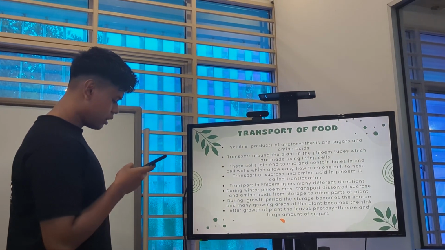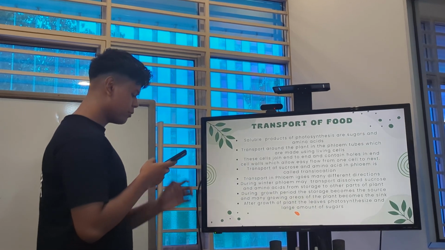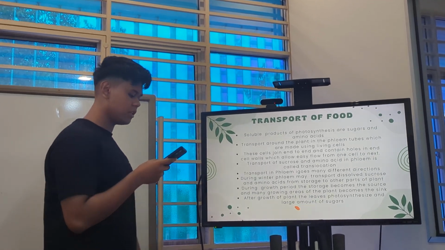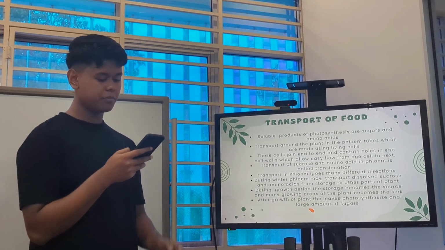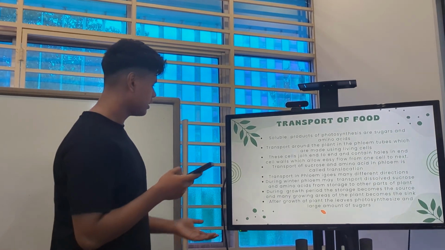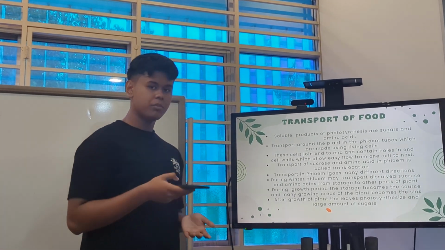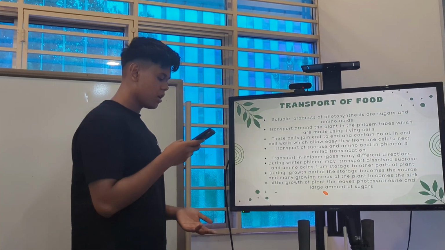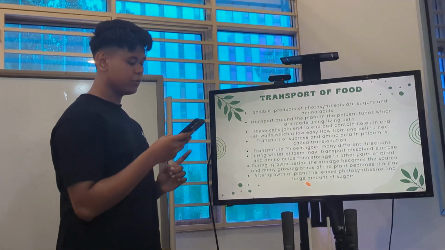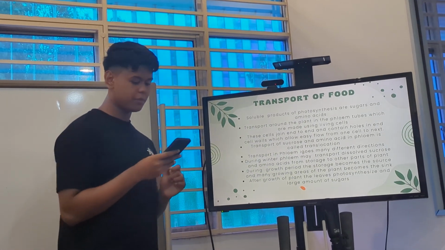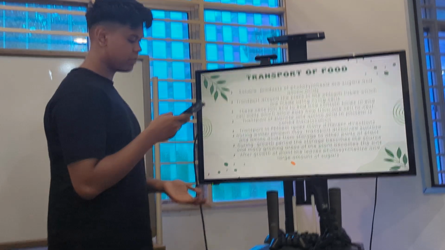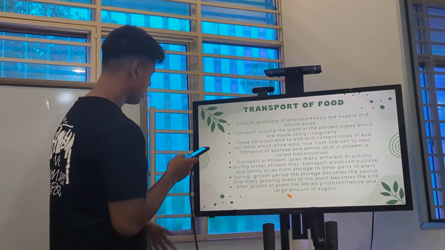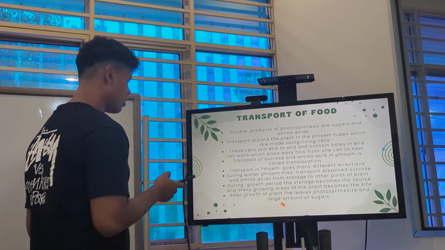The transport in phloem goes in many different directions, but that depends on the stage of development of the plant, or the time of the year. So in winter it will be different, in spring it will be different. However, dissolved food is always transported from the source, which is where it's made, to the sink, which is where it's stored or used.